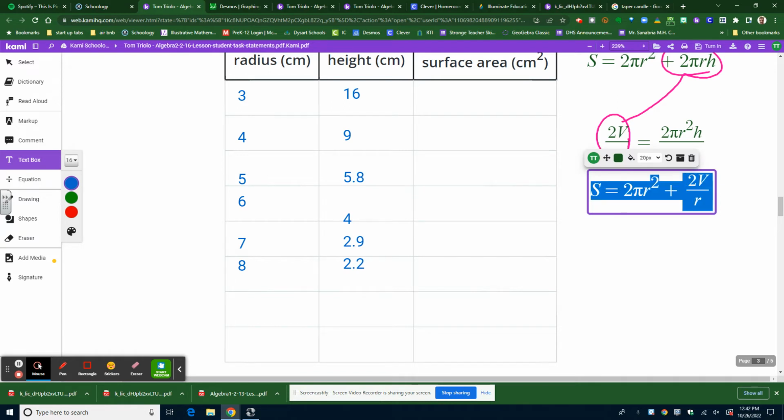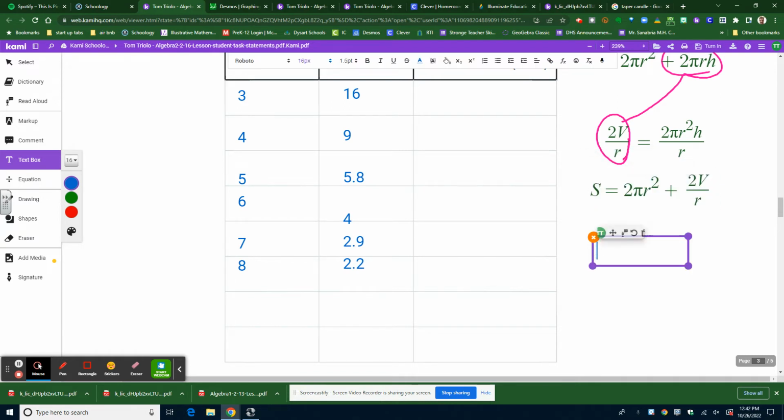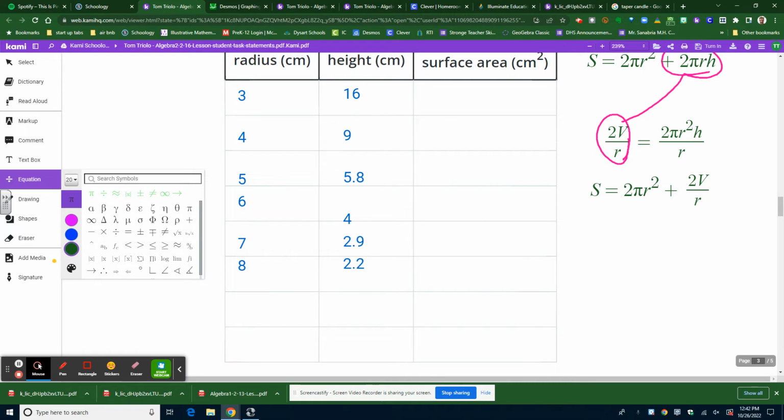A little Control A, Control C. Control V. And let's just change the V up here to 452. Okay? And what should we do? Put it into Desmos. Okay? So let's make a new table.